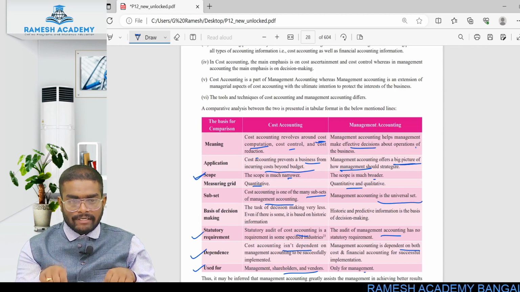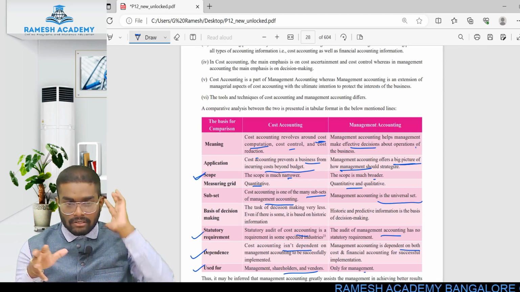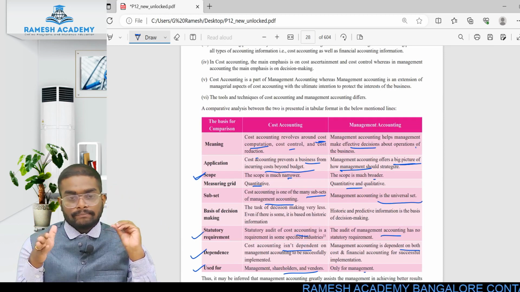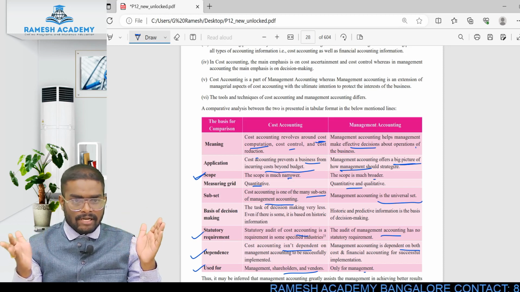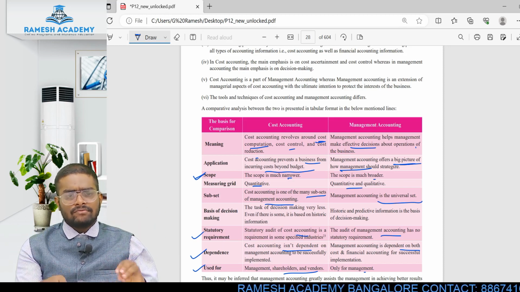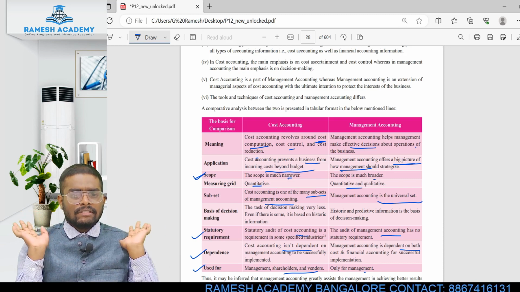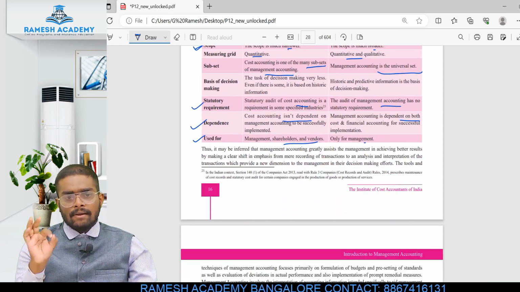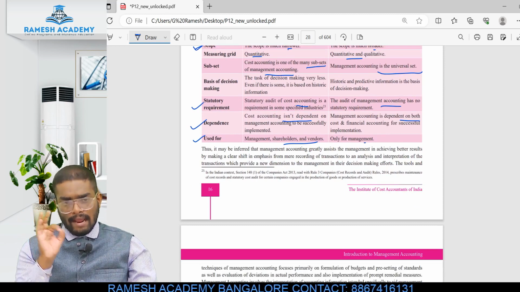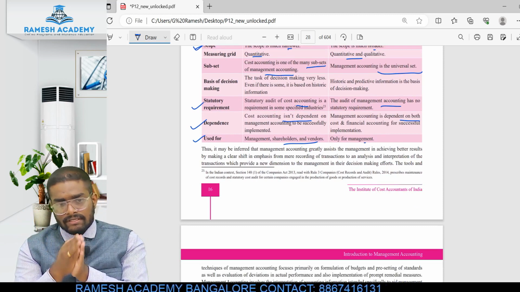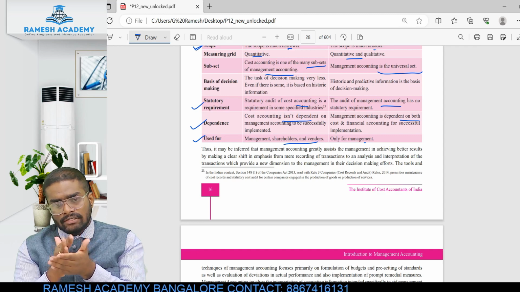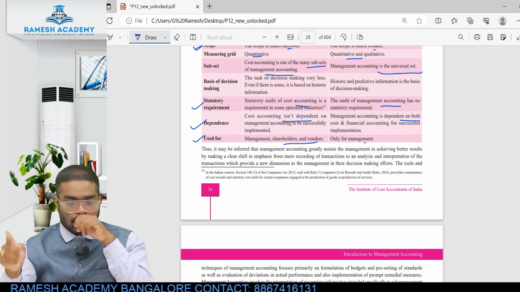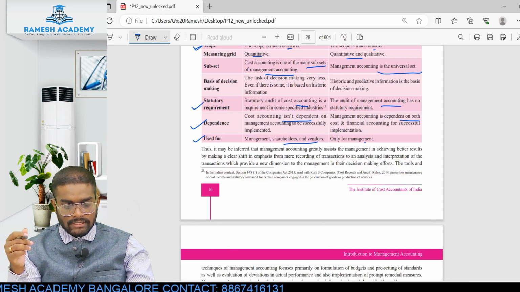So these particular differences are easy because we already studied financial accounting and management accounting. There are 4 similar points, and we only have to add 3 more points. That's it. These are the relationship between cost accounting and management accounting, and these are the differences and relationship between financial accounting, cost accounting and management accounting. So we have covered all those things, I hope.